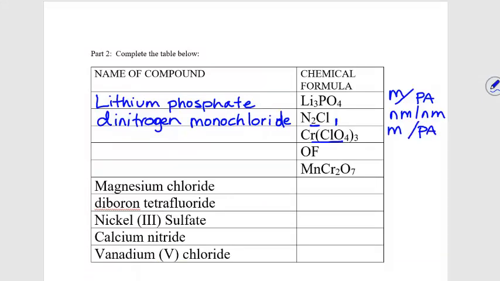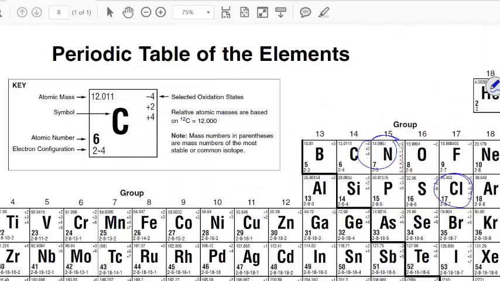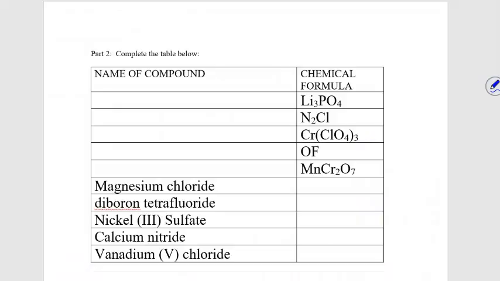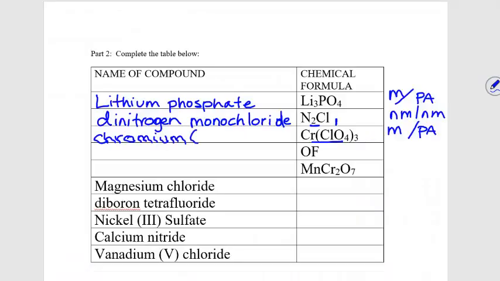And what's with that polyatomic is chromium, which is a metal. So we name our metal chromium. And then we need to go to the periodic table for chromium to see if we need Roman numerals and parentheses. And if you look right here, there's multiple oxidation states for the metal. So we will need parentheses after its name.